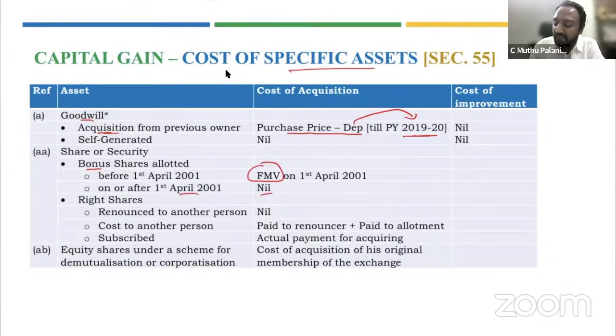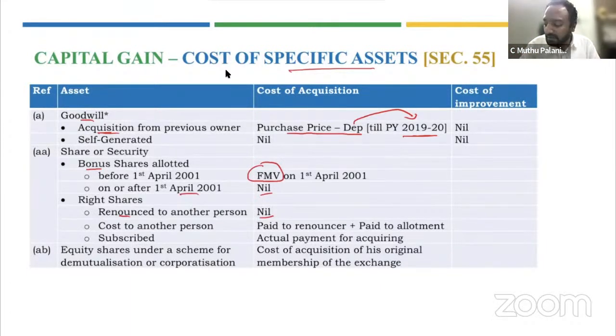What about a right share? If you are not taking up the right share and you have renounced it to another person, then the cost will be nil. What will be the cost to the other person? For example, I own shares in company ABC. The company is giving me a right share. I am giving it to Mr. X. Now, what will be the cost of the right share to Mr. X?